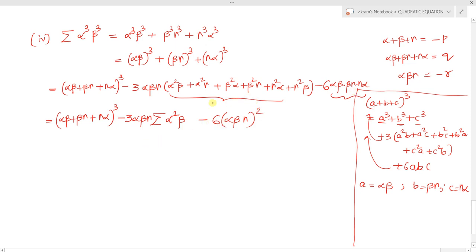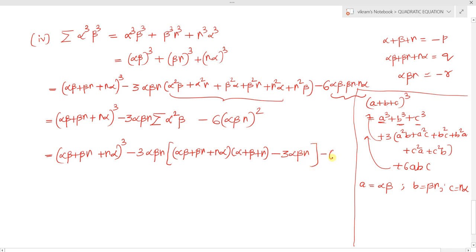And in the previous problems we have seen summation alpha square beta can be written as (alpha beta plus beta gamma plus gamma alpha) into (alpha plus beta plus gamma) minus 3 alpha beta gamma, minus 6 times of (alpha beta gamma) whole square.